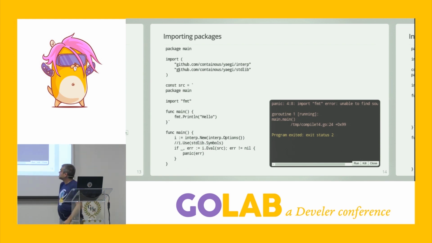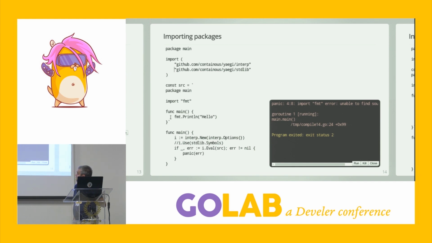So we have this stdlib package. This package is just a wrapper on top of the standard library. So it just takes any symbol of any exported function from any package of the standard library and wraps it in a reflect.Value. This is the only function of the stdlib.